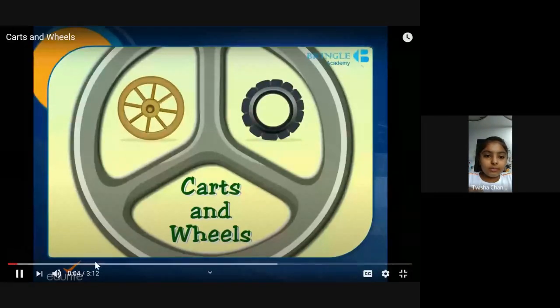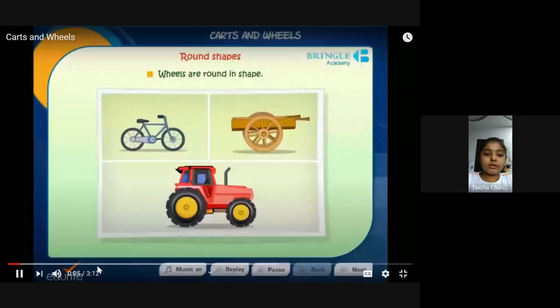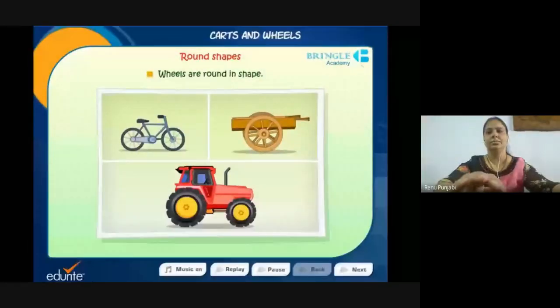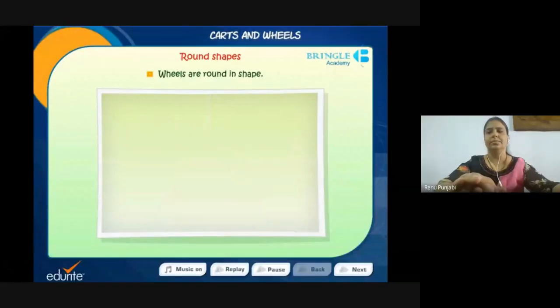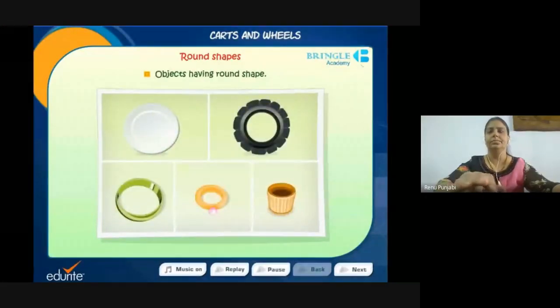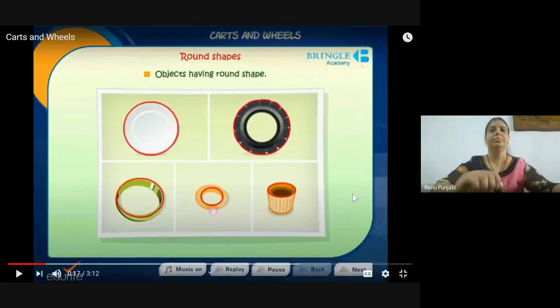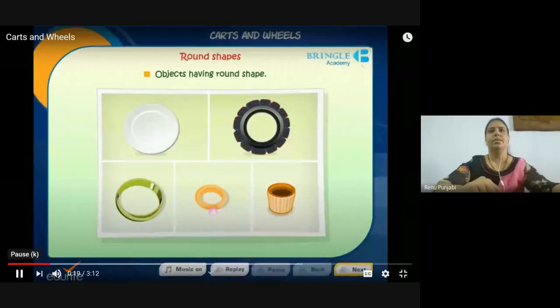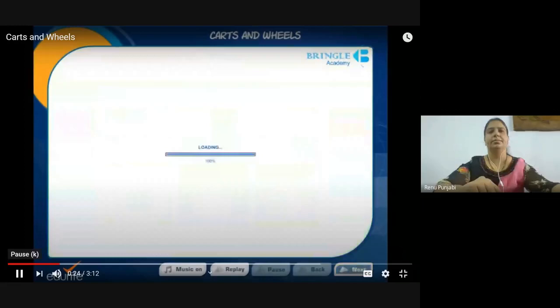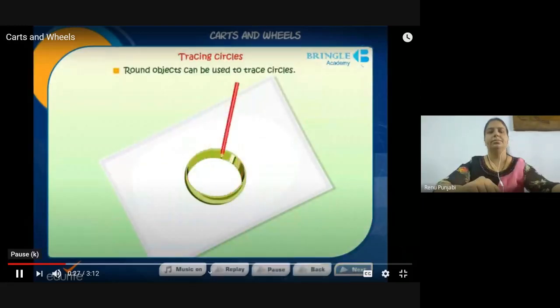Look at these vehicles which move on wheels. Wheels are round in shape. Look at these objects. They are also round in shape. Round objects can be used to trace circles.